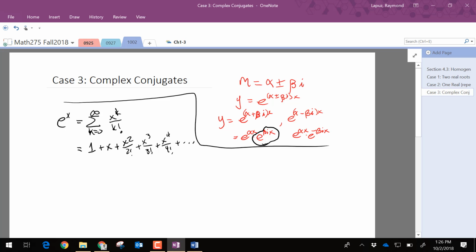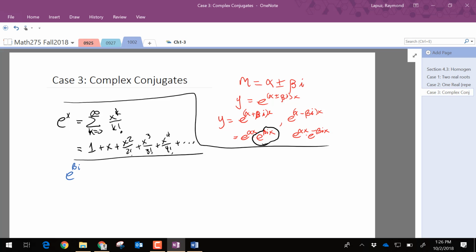And then we get the pattern for this, right? So now we're interested in looking at what happens if we put b times i. There's a couple of things you need to know, the very basics about imaginary numbers. Let's put it in first, and then we'll see what you really need to know. So if I put e to the beta i, and I'm going to leave the x out for now.